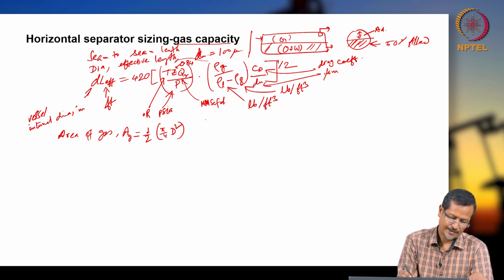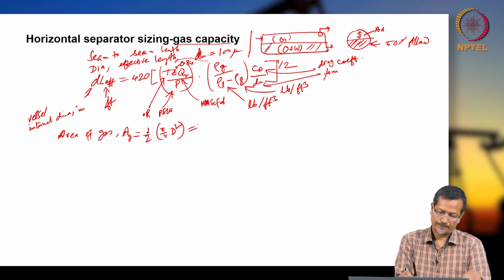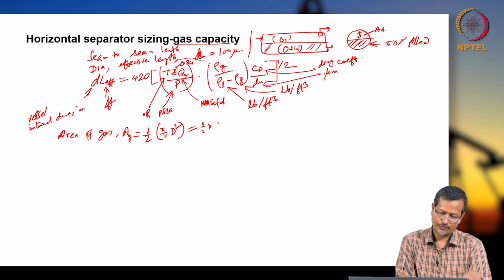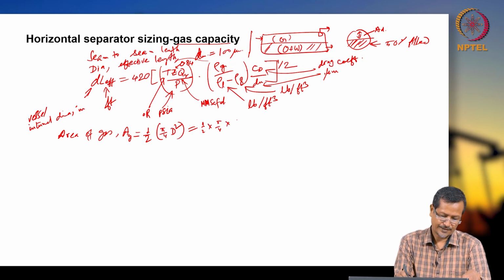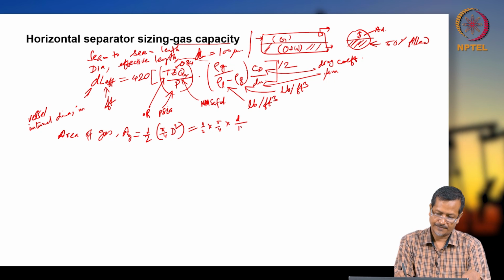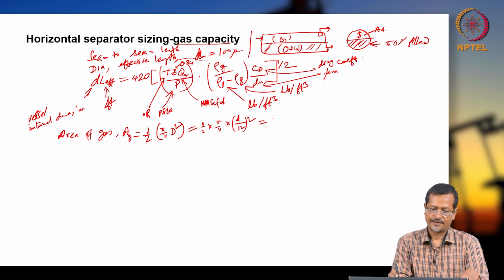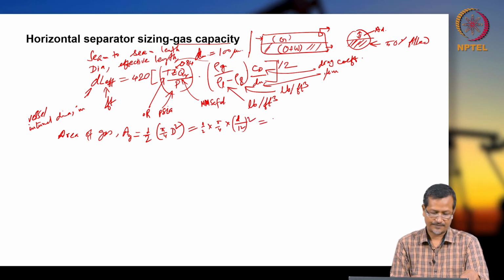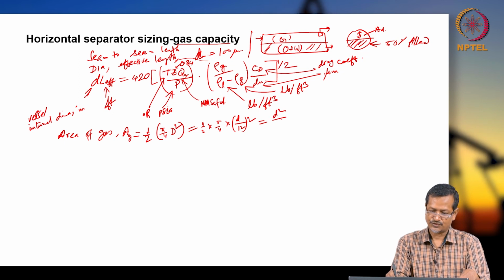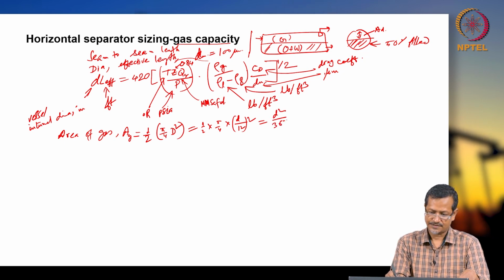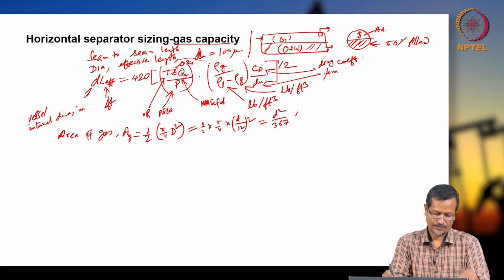Now half into pi by 4 into d by 12 squared, you are converting into feet. So this will give d squared divided by 367.